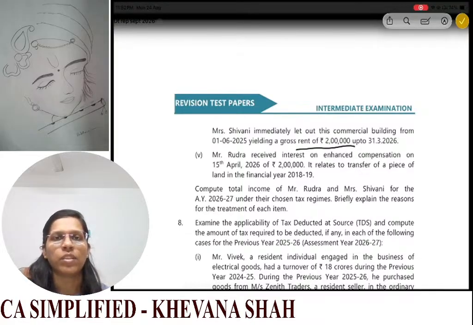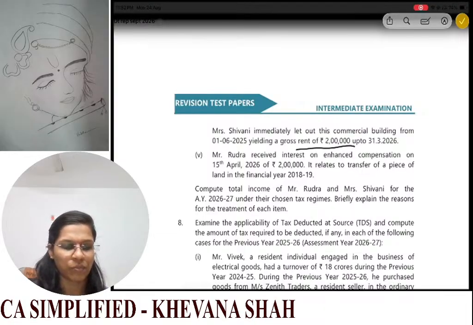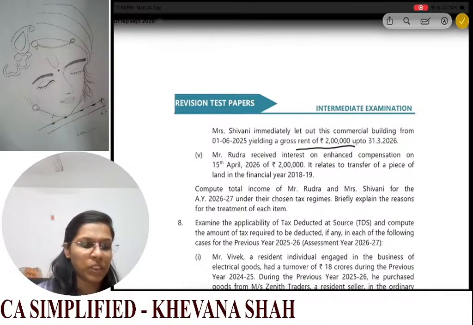Then we have the interest on enhanced compensation. It relates to transfer of fees. Now that amount, again 2 lakh, we will be adding. So now total income that you will get after adding all this will be 16,50,000.